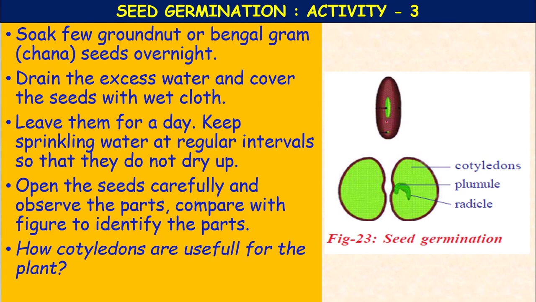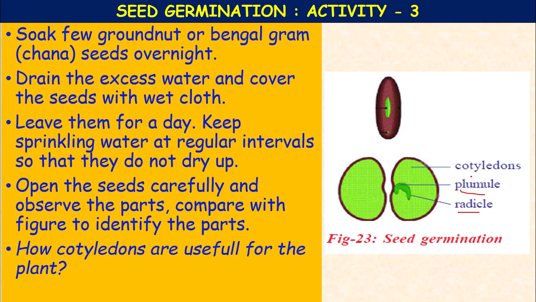This is a groundnut seed. When it is opened, two cotyledons are present, and a radicle and a plumule. Just now we have discussed. Radicle is the root apex, and plumule is the shoot apex. Okay, plumule grows into the shoot or stem, and radicle grows into the root system.